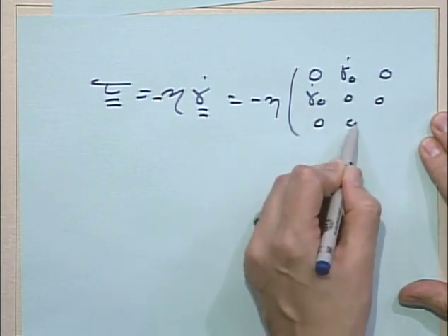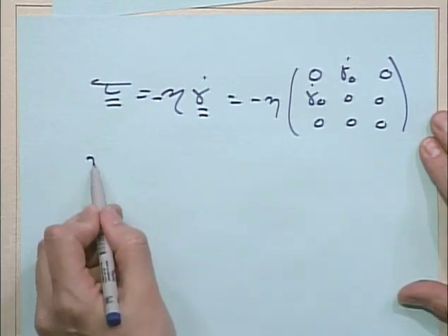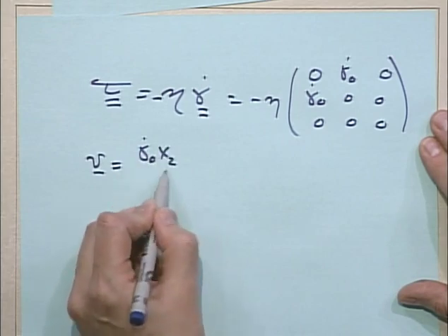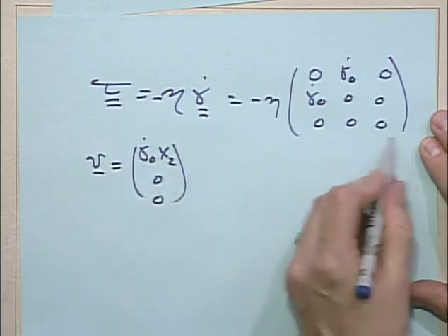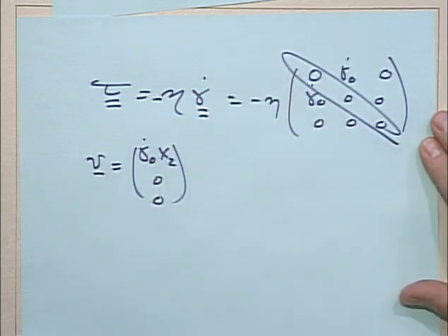In standard flows, the velocity of steady shear is gamma dot x2, 0, 0. So it will always look like this. It will never predict anything but 0 for shear normal stresses.